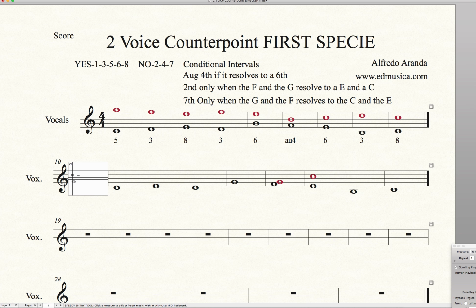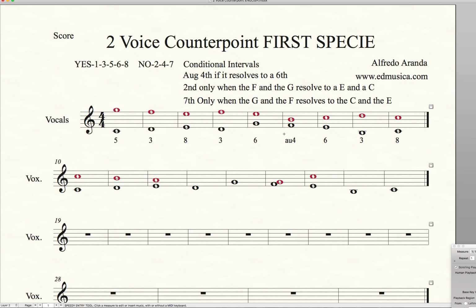So I'm going to start here with an octave. So this is an octave, and then I'm going to go down, because this first cantus firmus melody went up. And then it kept on going up. I could go down, but if I do go down like this it creates a fourth, which we cannot use.